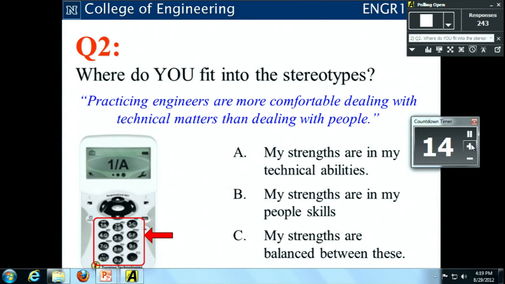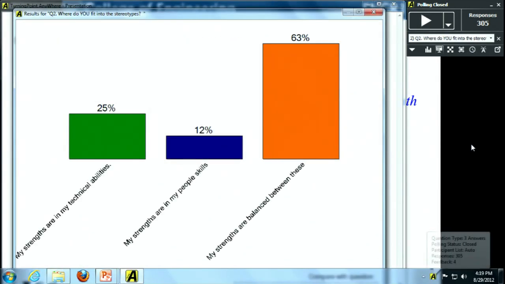Try to be honest. Don't give the answer that you think we want to see. This question has no wrong answer. All right, quick, hurry up. All right. So there you go.